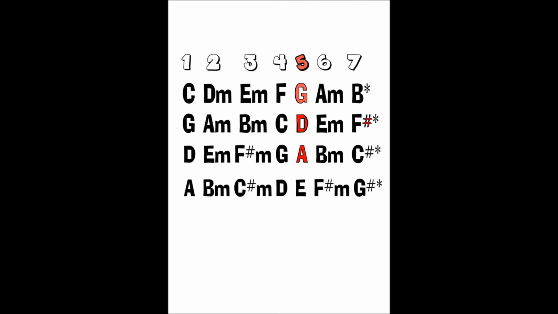So here it is, it's A, and A is in the 1 position, and then B minor, C sharp, because that sharp is rippling down, if you remember, C sharp minor, D, E major, F sharp minor, and G sharp half diminished. Now that sharp, here again, in that F sharp is going to ripple down, isn't it?